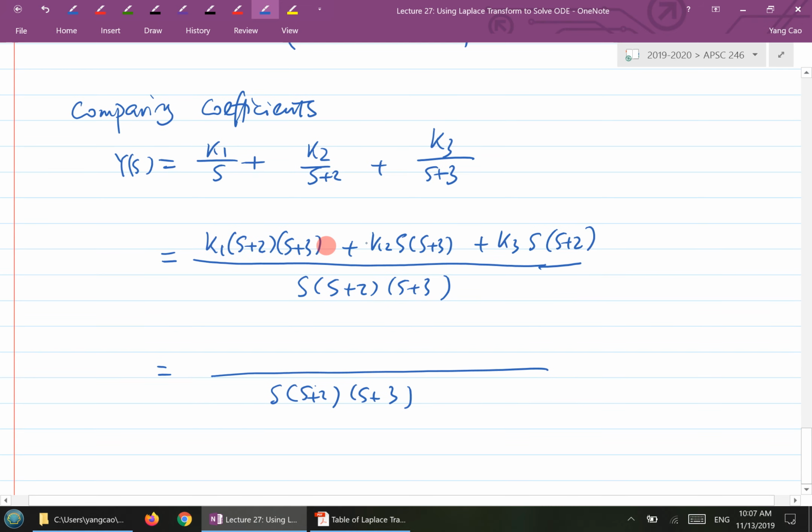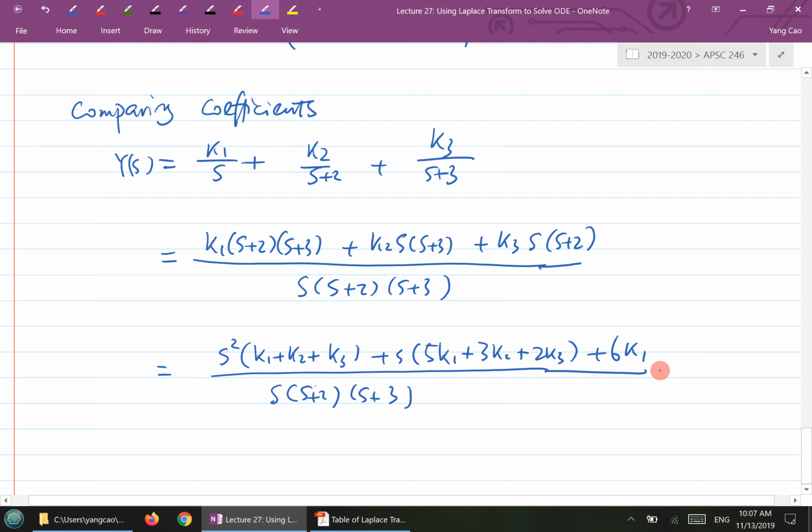So when you expand the numerator out and group the similar terms, you got s squared times (k1 plus k2 plus k3) plus s times (5k1 plus 3k2 plus 2k3), and then plus 6k1. Okay, so that's what it looks like if you expand and group all the similar terms.